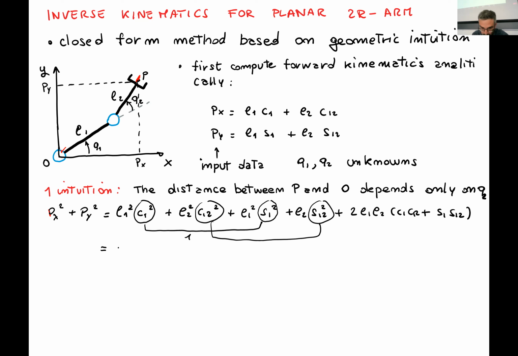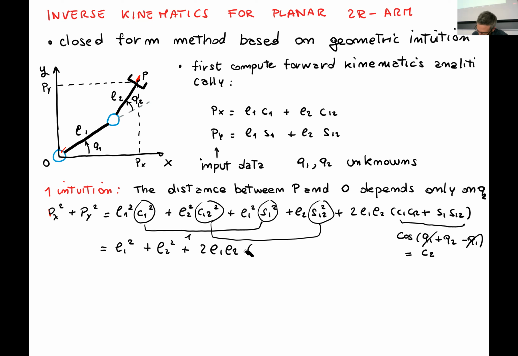So we can collect L1 squared plus L2 squared plus the mixed term, and we can recognize here the trigonometric identity for which this is equal to cosine of Q1 plus Q2 minus Q1. And this is equal to cosine of Q2.